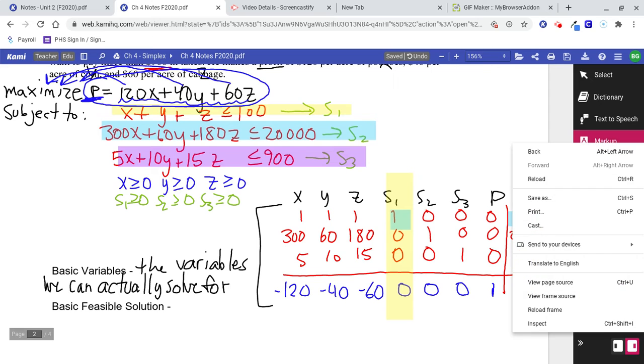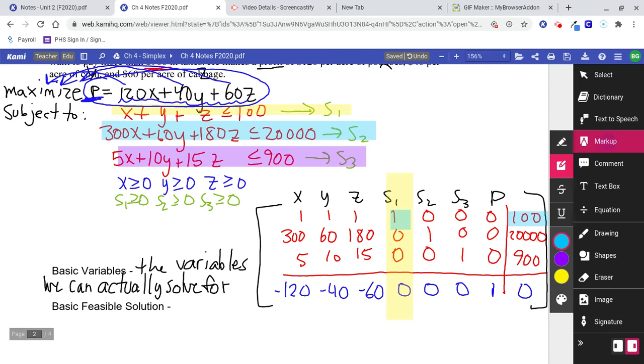And if we did S2, we would be looking at this number right here, which would force me to look at this number right here, and we would say S2 is equal to 20,000.